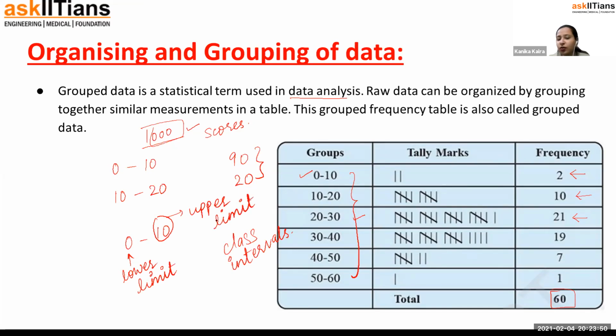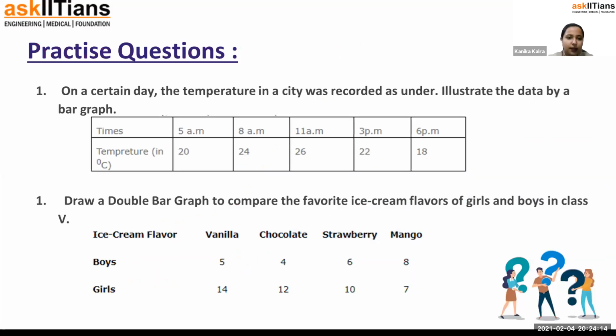Let's say a student who has scored 10 marks will be counted in the next class interval, not in the first one. Someone who has scored 20 will be counted in the third class interval, not in the second one. This is how it works. Make sure that you understand this clearly because histograms will be based on this itself. Now let's move further.